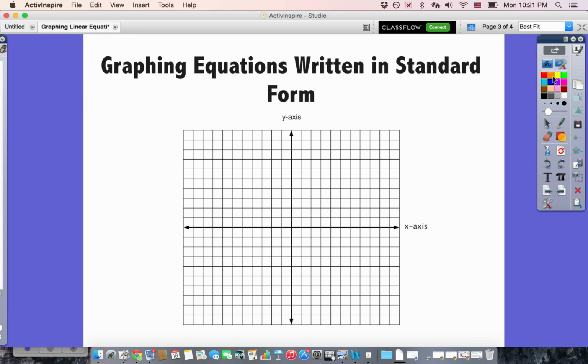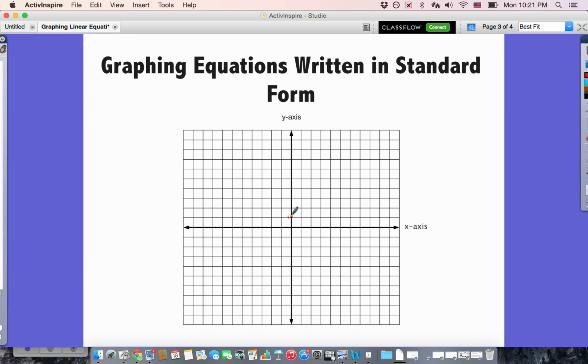Okay, so now let's talk about the points on the y-axis. This point right here is 0, 1. And if I had this point right here, this is 1, 2, 3, 0, negative 3. What would this point be right here?